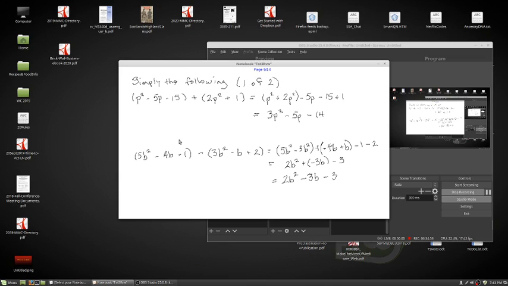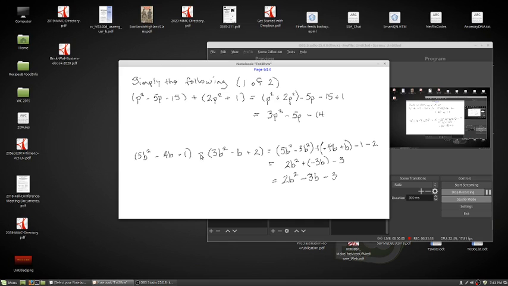So again, here you're just combining like terms. In the subtraction problem, you'll need to worry about subtracting a negative, which ends up being adding the positive. So again, we're combining like terms. 5b squared minus 3b squared, so 5 minus 3 will give us 2b squared.